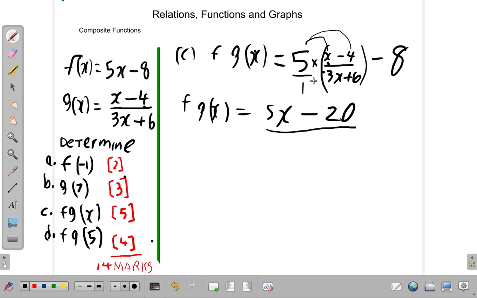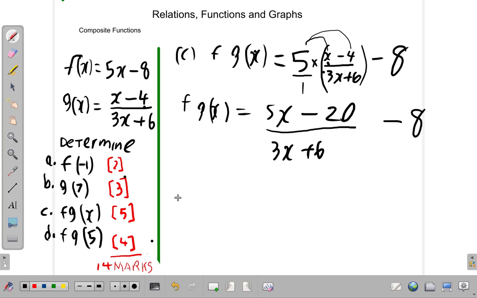All divided by 1 times all of this. It's going to be 3x plus 6. And then all of this minus 8. Now, you can simplify this further if you want to. Let us leave it as it is here, because we are not really asked to simplify it even further.